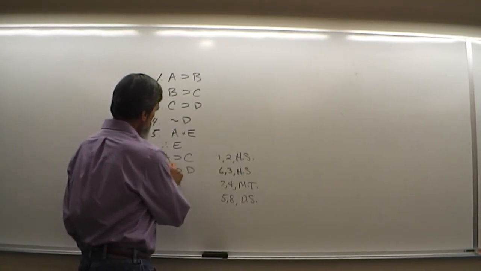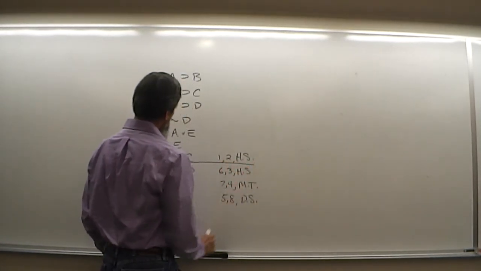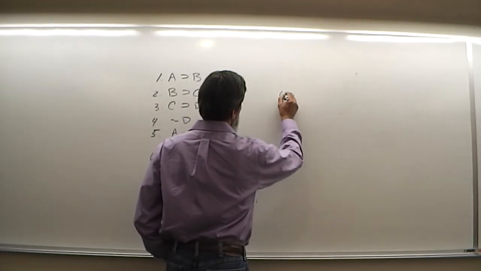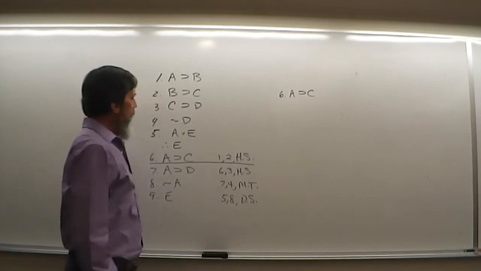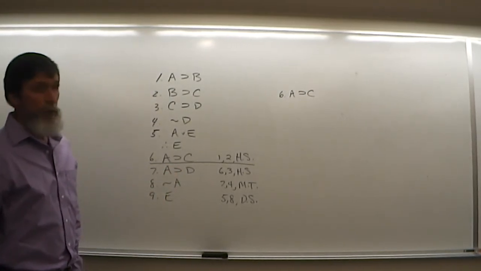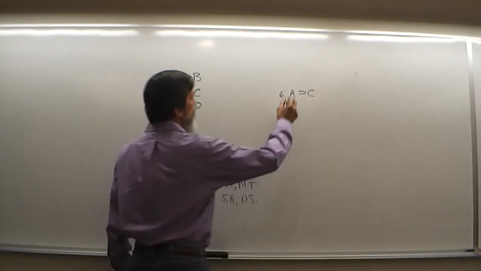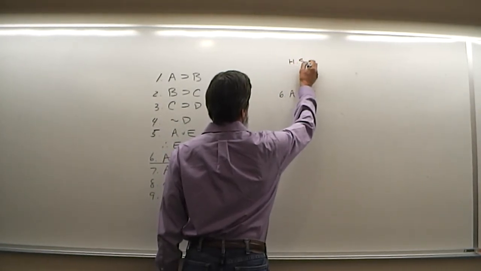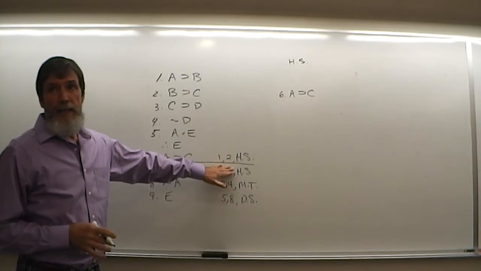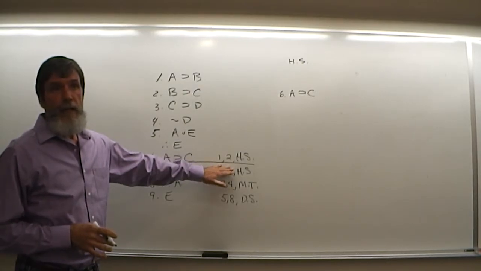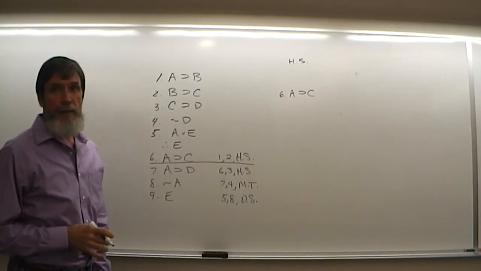This notation right here means that the author drew that line 6 as a conclusion from hypothetical syllogism, using the premises in lines 1 and 2 as substitutions for the premises of hypothetical syllogism.